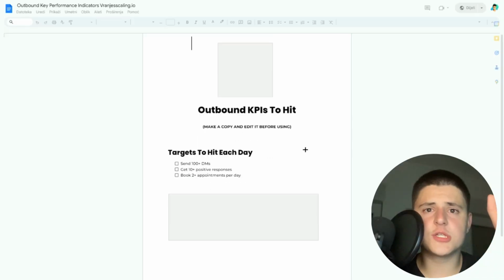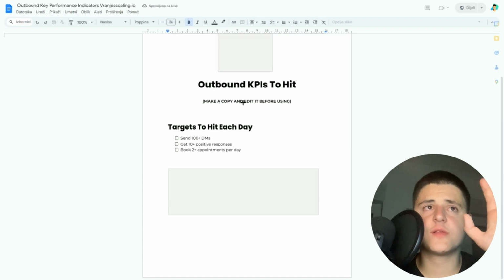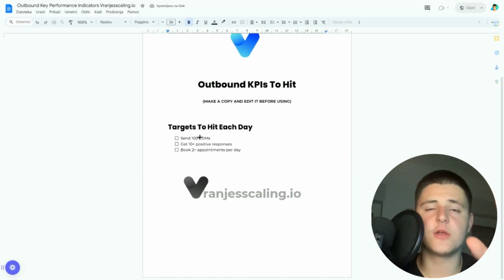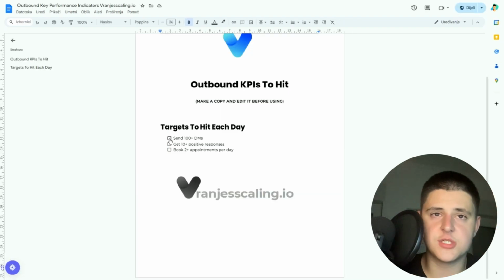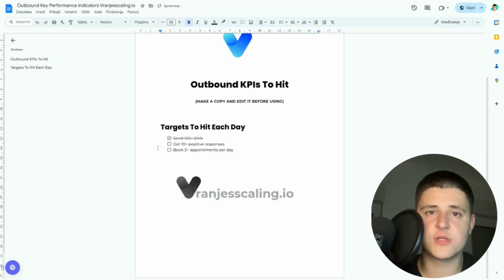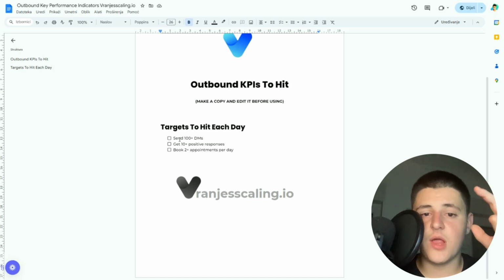And if you do the tasks I told you, you will get here. If you send 100 plus messages a day, you just tick this box, you get 10 positive replies, and you book 2 appointments per day. This means you will get 14 booked meetings per week, which is great. If you have a 50% closing rate, you get 7 clients.